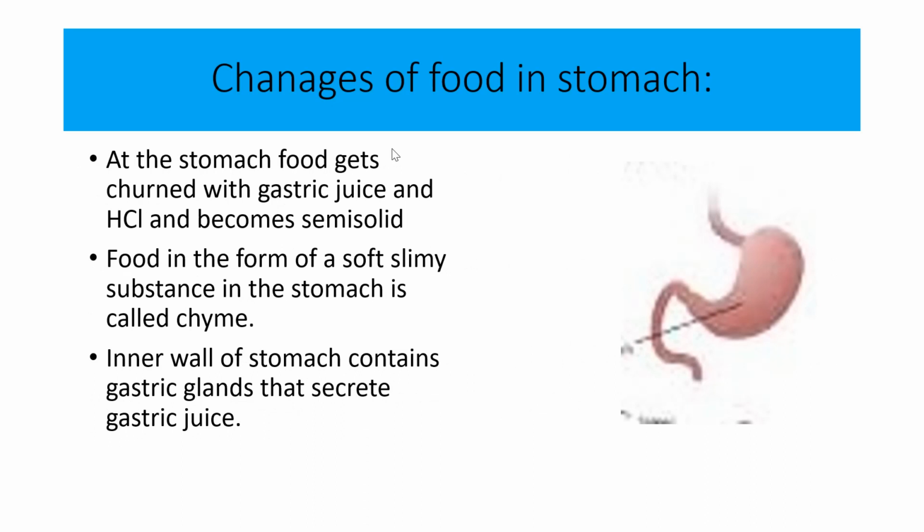In the stomach, food gets churned with gastric juice and HCl. Now the food is in a semi-solid condition. Food in the form of a soft, slimy, semi-solid substance in the stomach is called chyme. The inner wall of the stomach contains gastric glands that secrete gastric juice.